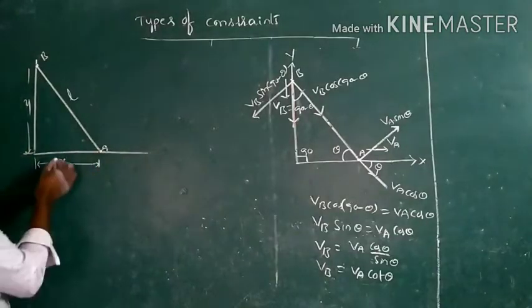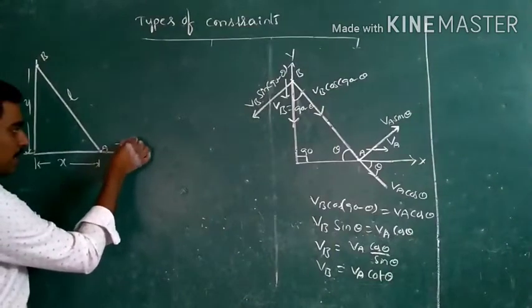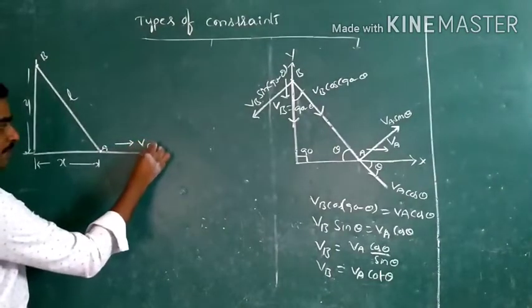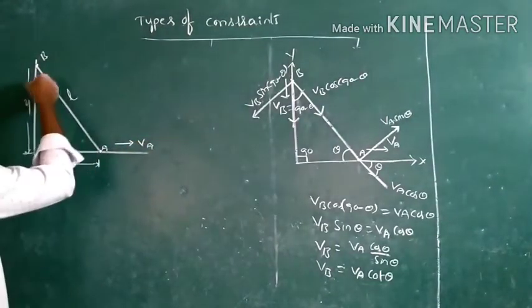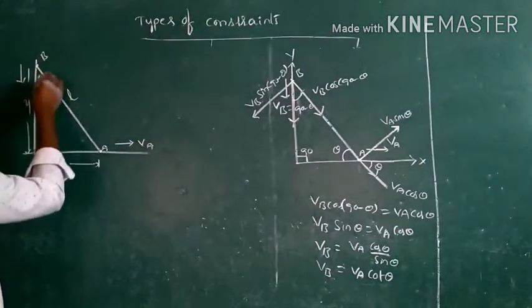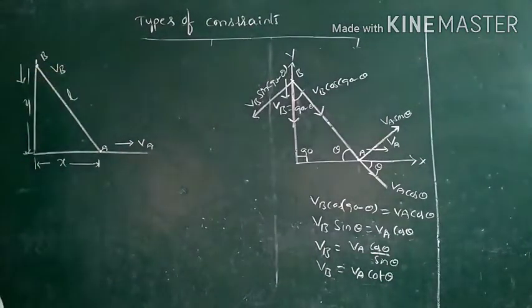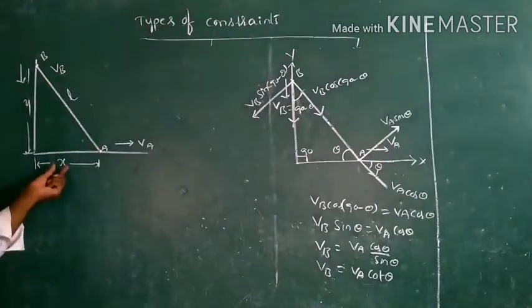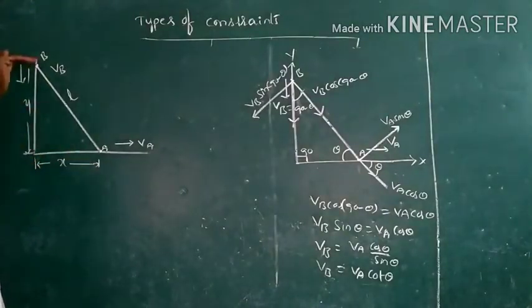You know that A moves in the horizontal direction with velocity VA, and B moves downward with velocity VB. In this condition, let us assume x increases. What about y? y decreases.